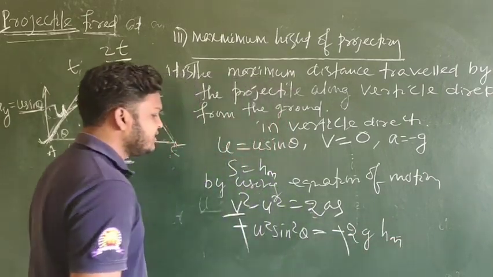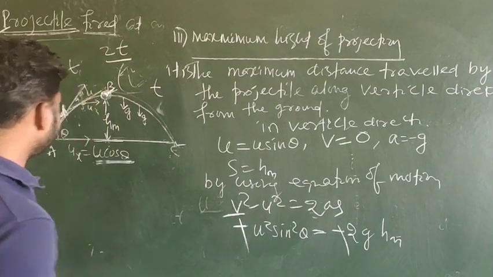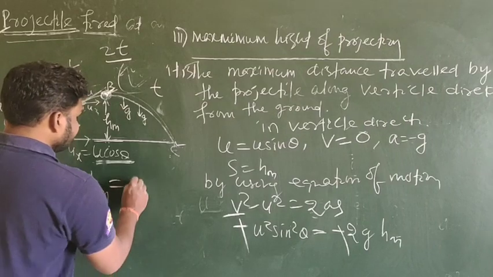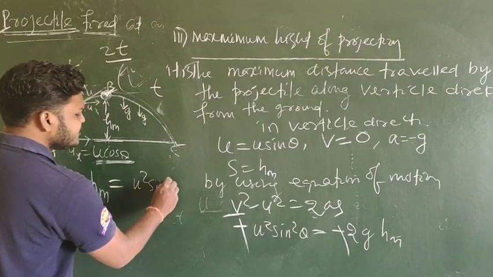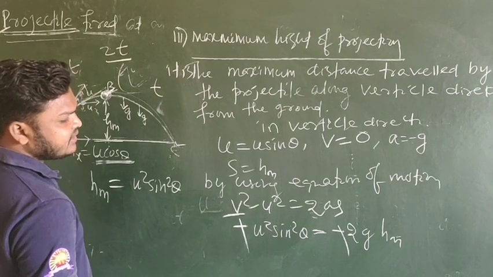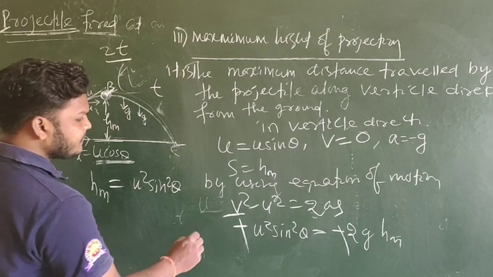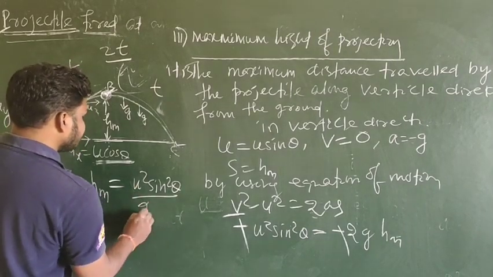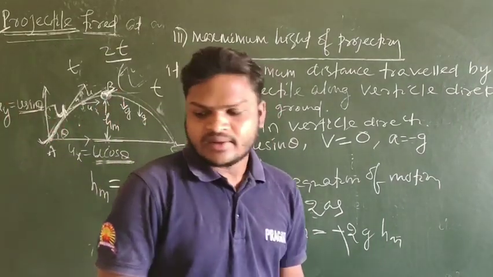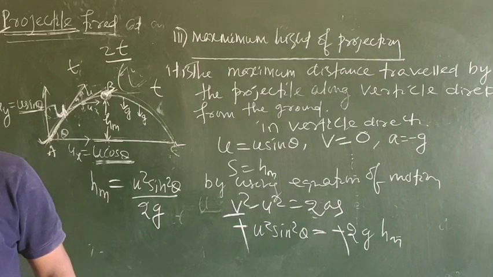Minus minus cancel, so finally h maximum height is equal to u square sin square θ by 2g. This is maximum height of projectile.